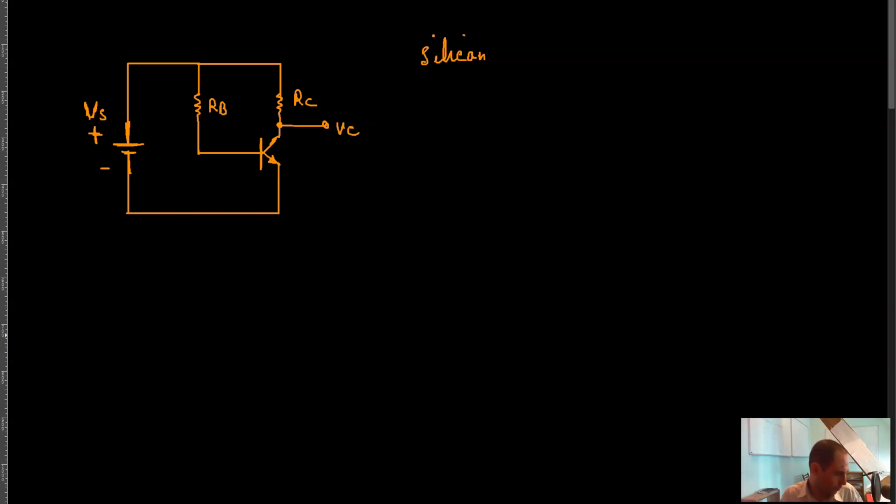So suppose your base resistor changes to 220 kilo ohms, and your supply voltage goes up to 10 volts, and now you want to calculate your I of B.